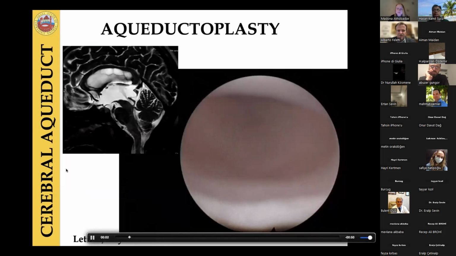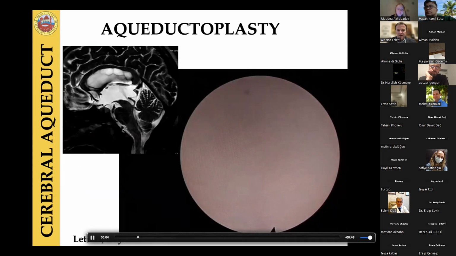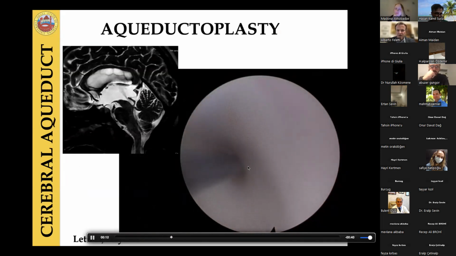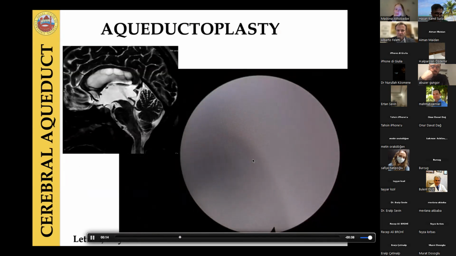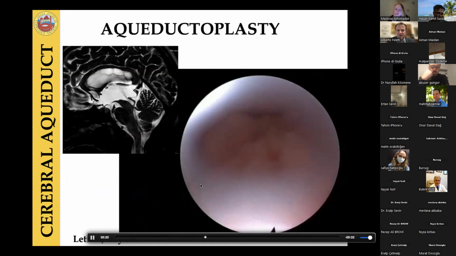interesting. This young lady presented to our hospital with signs of subacute hydrocephalus. And during inspection, I found a transparent membrane obstructing the cerebral aqueduct.